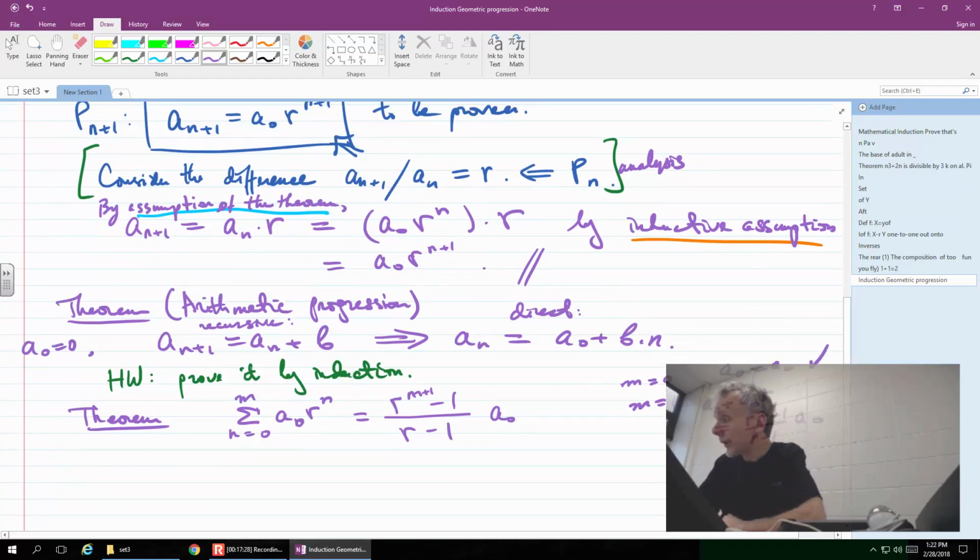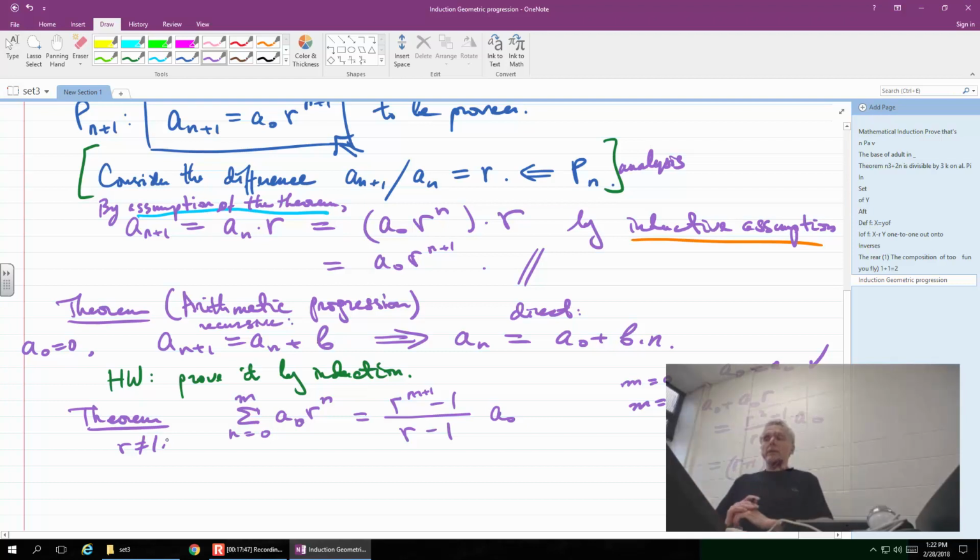Well, long story short, yes. This is equal to r plus 1 times a naught. You need to remember the difference of two squares: r minus 1, r plus 1. You subtract, and then you divide, and then you're done.